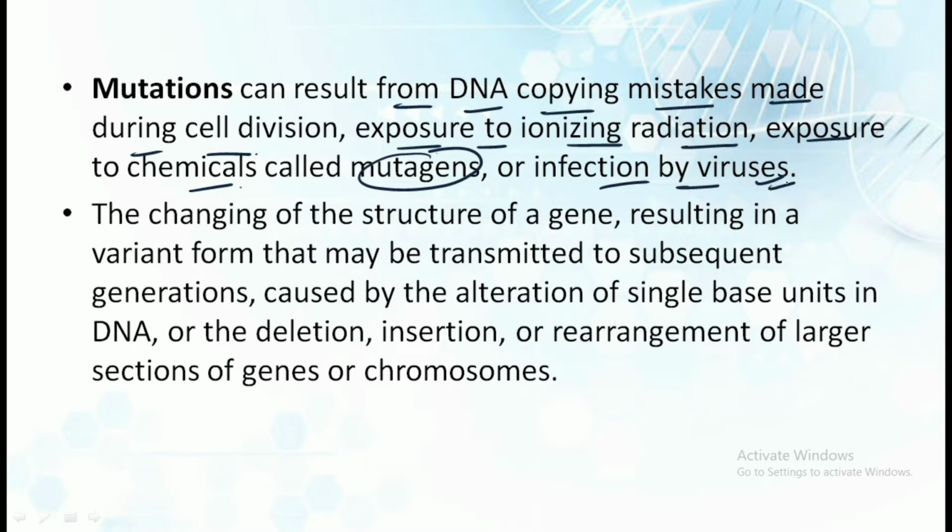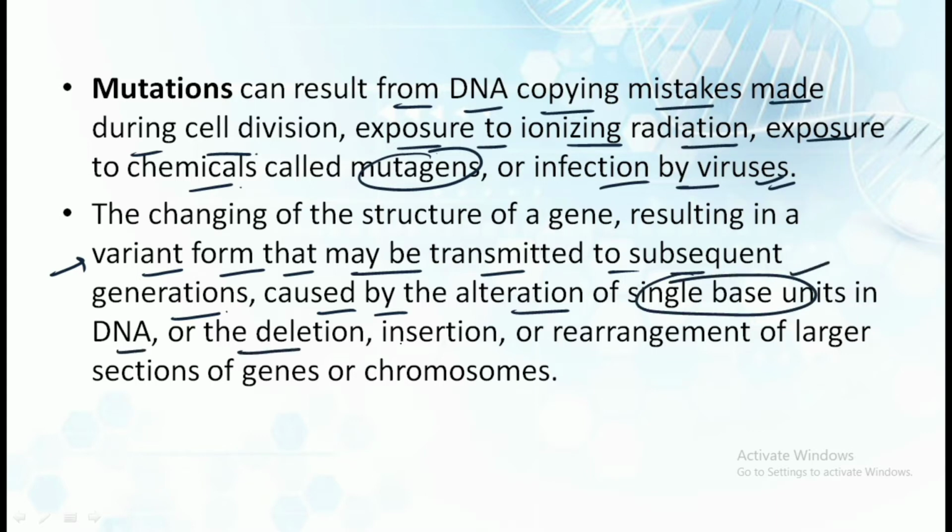We'll understand these bifurcations in detail in the future slides. Mutation is a change in the structure of the gene resulting in variant forms that may be transmitted to subsequent generations, caused by the alteration of single base units in the DNA or the deletion, insertion, or rearrangement of larger sections of genes and chromosomes.